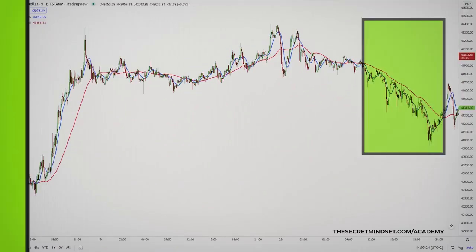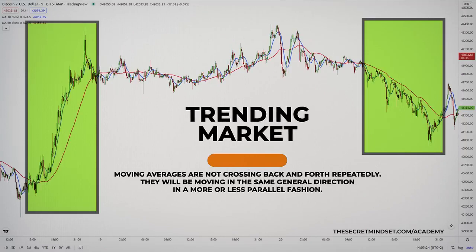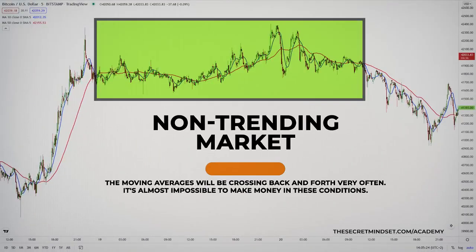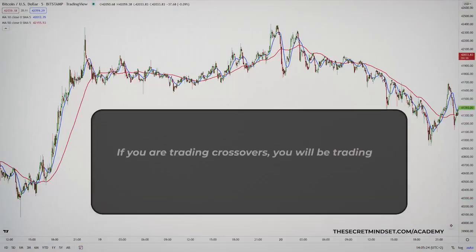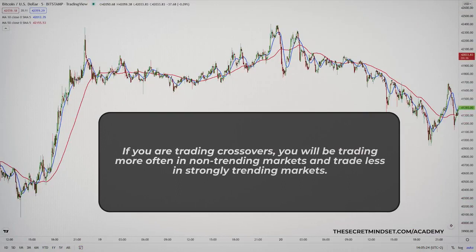If you take a look at any market with a strong trend, you'll see that the moving averages are not crossing back and forth repeatedly. They will be moving in the same general direction in a more or less parallel fashion. Now look at the chart of a non-trending market. The moving averages will be crossing back and forth very often. If you are trading crossovers, you will be trading more often in a non-trending market and trade less in strongly trending markets.